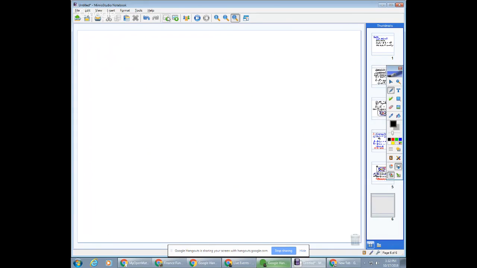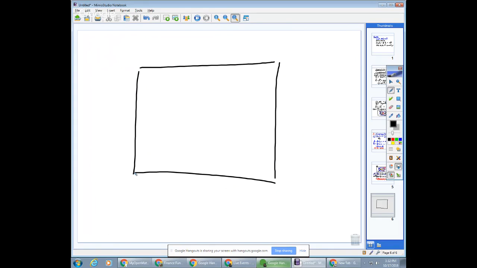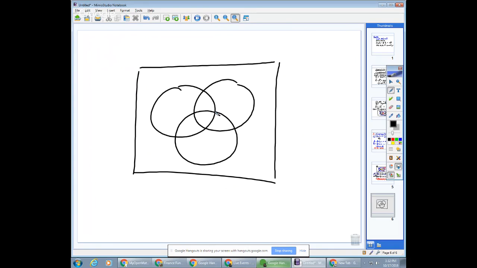So next we're going to start getting a little fancier, and look at what's possible when we take a set of 3 things and throw them together. So if you throw 3 sets together, they could interact in this way. Now, any one of these regions could be empty, but they don't have to be.